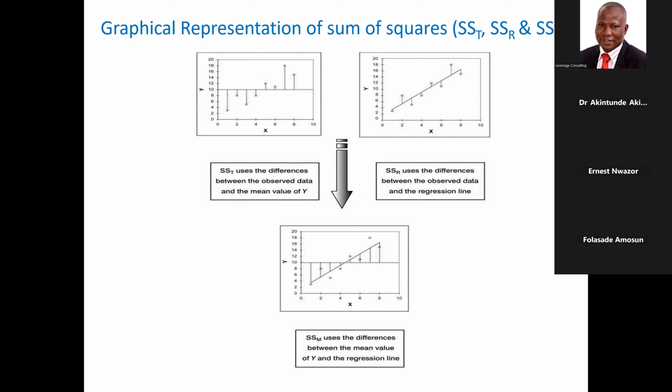You know, in ANOVA, I told you there are 3 levels of variances. We say there's a variance within, which is the difference between the value in each group and each group mean: the sum of squares within.